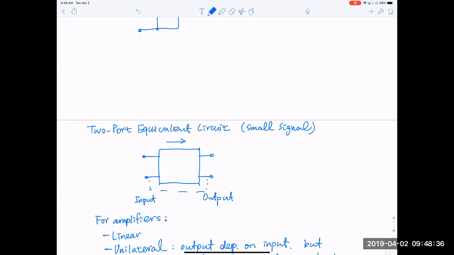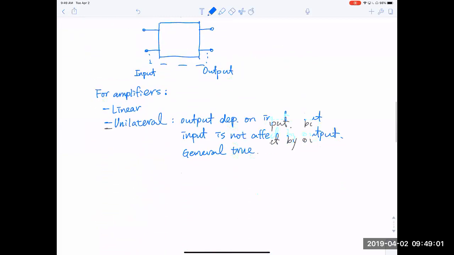As you will see, inside these two-port equivalent circuits, there has to be some dependent voltage or current source. Otherwise, the output is not dependent on the input. So for two-ports, it's very frequent to have a dependent current source in here.